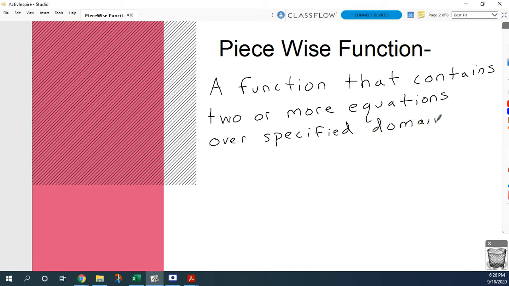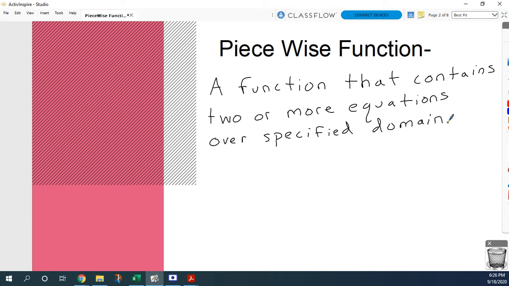So we can think about each of our equations as the pieces that make up the entire function. And that's why it's called a piecewise function, because the function is made up of multiple pieces. We can't have one that just has one piece because then it's just a normal function. So that's why it says two or more.